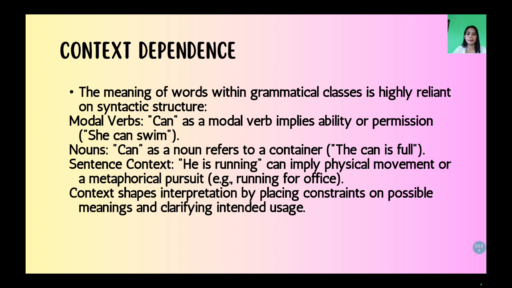Next is context dependence. The meaning of words within grammatical classes is highly reliant on syntactic structure. Modal verbs: can as a modal verb implies ability or permission. She can swim. Nouns: can as a noun refers to a container. The can is full. In the sentence context, he is running can imply physical movement or a metaphorical pursuit.